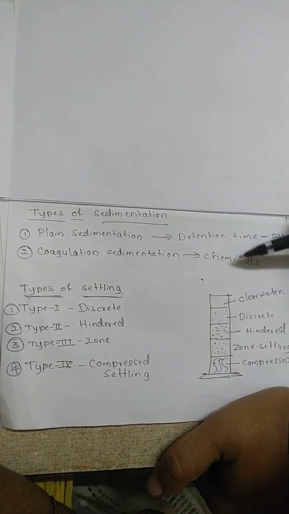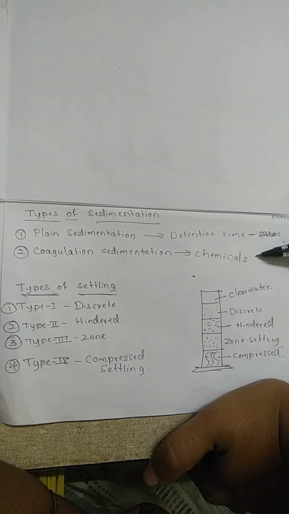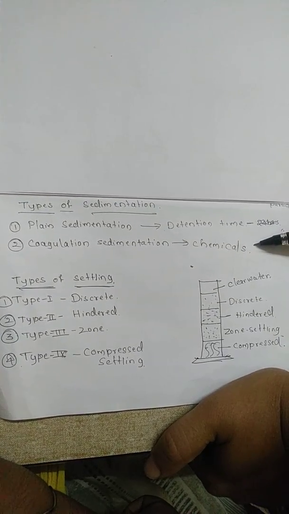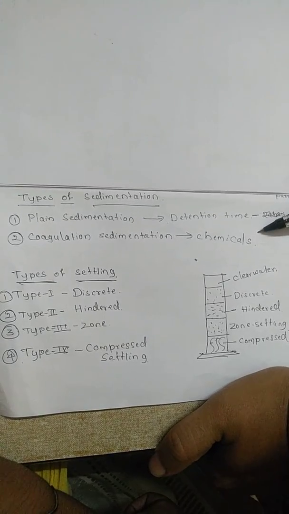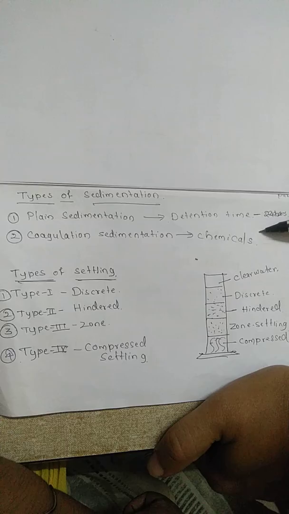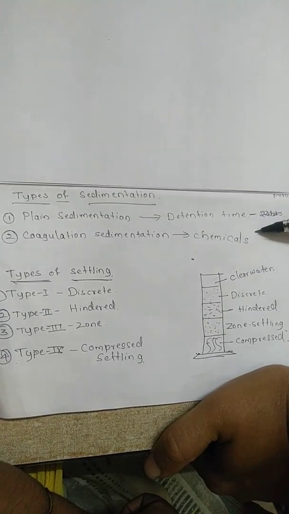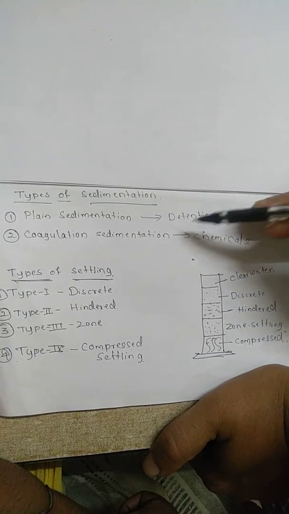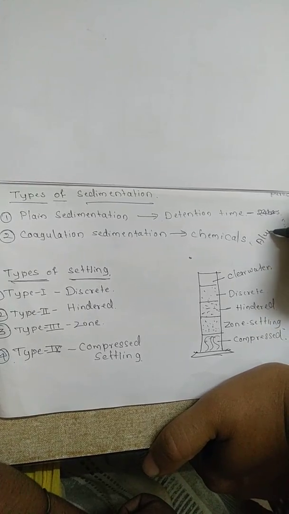Now the next process is the coagulation sedimentation. This particular method we use for the suspended particles, the particles which always remain in suspension. In order to remove such kinds of particles, we use this coagulation sedimentation. We are going to add chemicals like alum, copperas, chlorinated copperas.